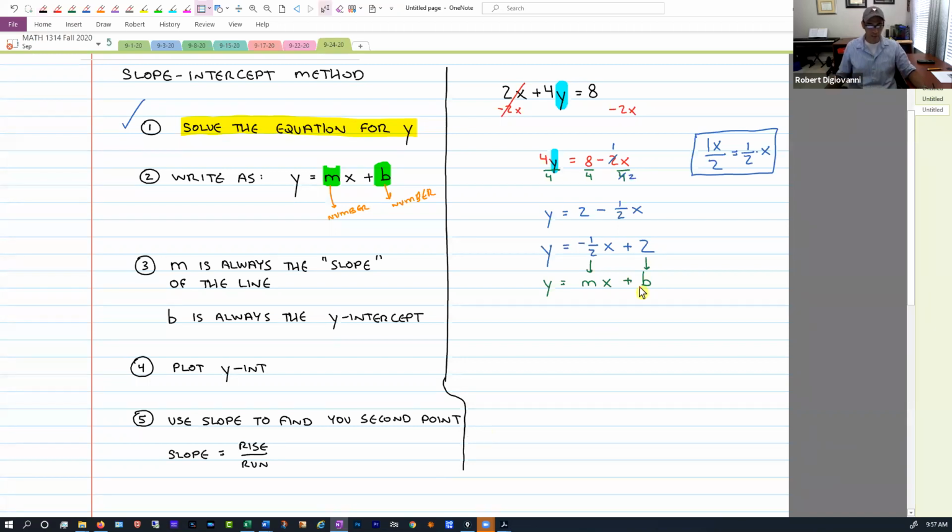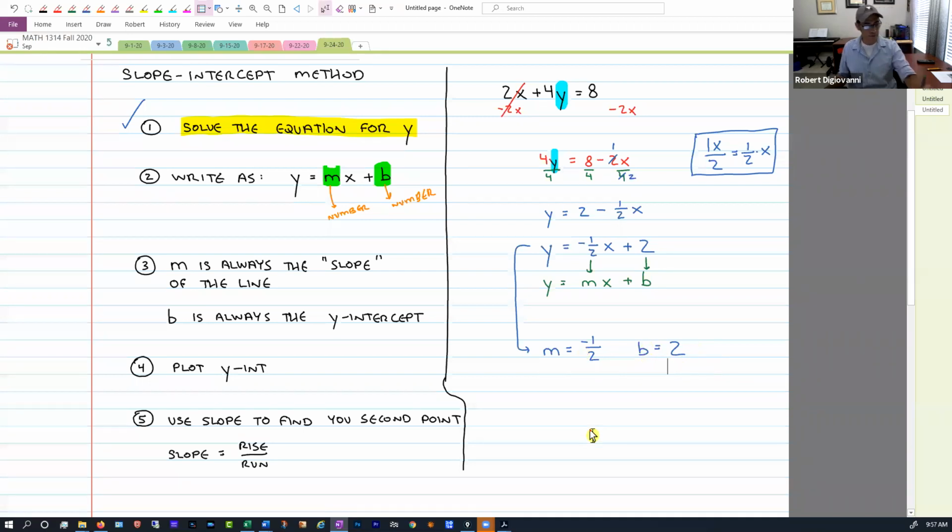It's not as bad as it may appear. So let's go back to the problem we're working on. We solved for y, we got it in the right form. So just so we are clear, the slope of this line is -1/2, and the y-intercept of this line is 2. Any questions on where I got these?